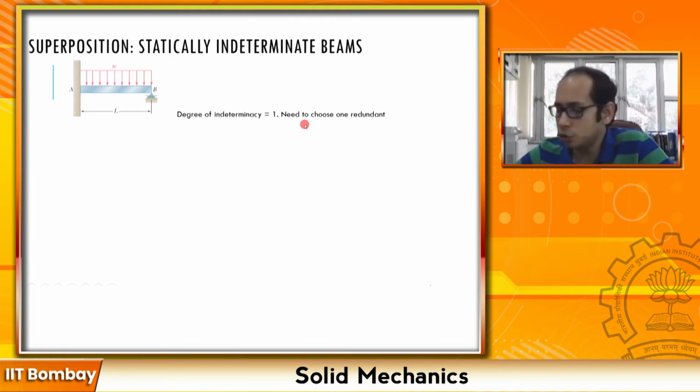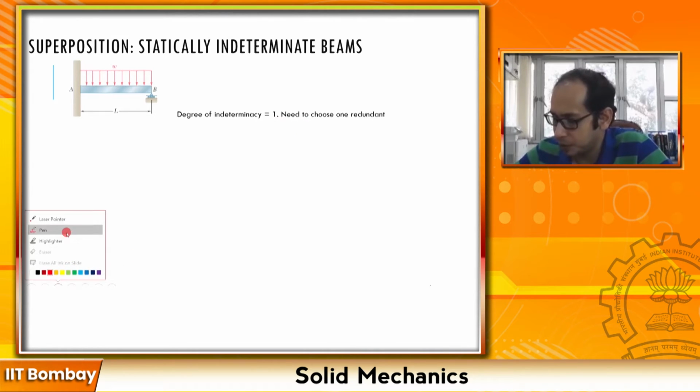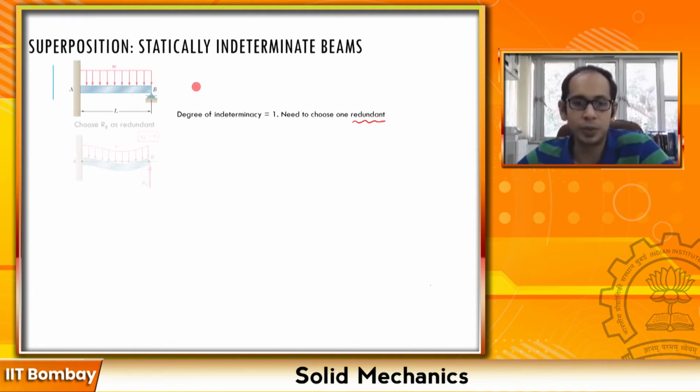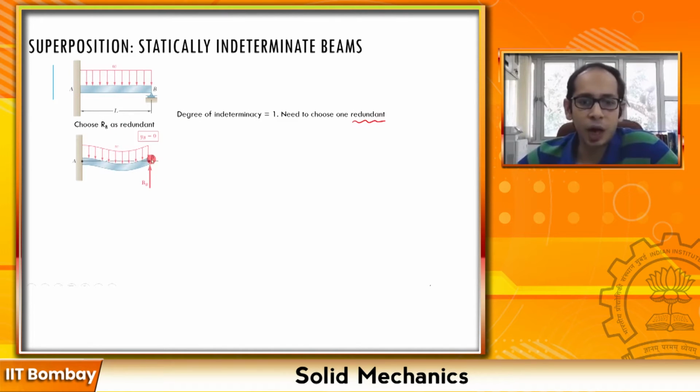So you need to choose one redundant. Let me go ahead and mark it with a pen, because this is important. You need to choose a redundant. In a statically indeterminate beam, there are different ways you can choose a redundant. You can choose different forces or moments as redundants over here. As one of the cases, you can choose this R_B as a redundant.